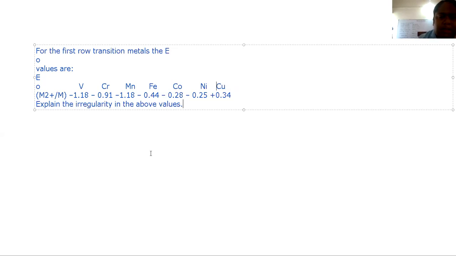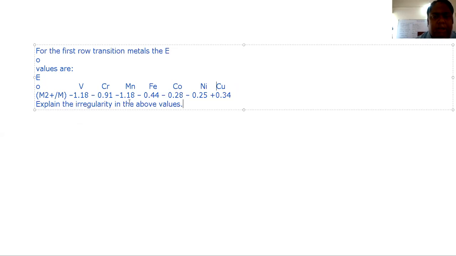Okay, now what is happening is the reduction potential is increasing from left to right. That means from left to right, the ability to get reduced is increasing. But see, again there is a decrease. It is not regular.